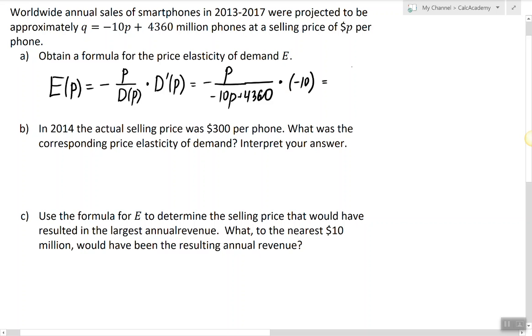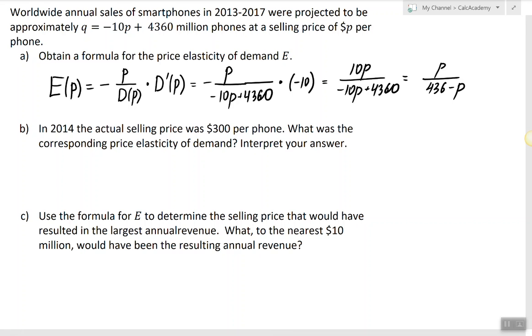So the answer is 10p divided by negative 10p plus 4360. This can be simplified. We can divide everything by 10, and we can just switch the order in the denominator. So this function is a function for elasticity of the demand.